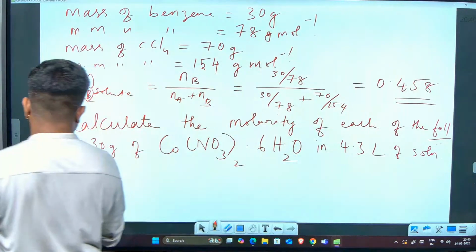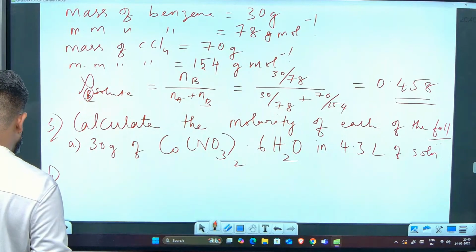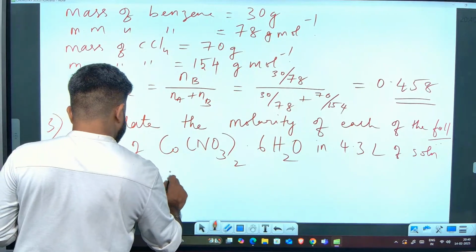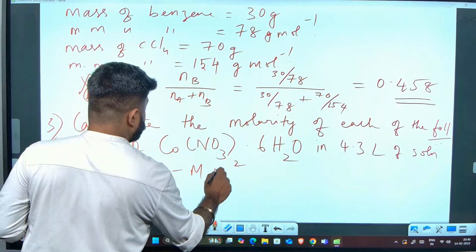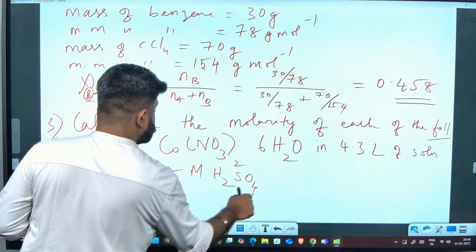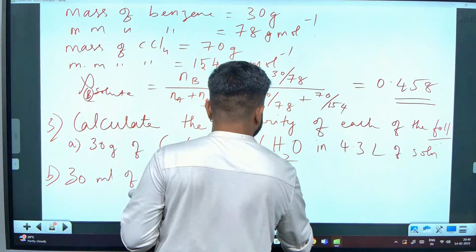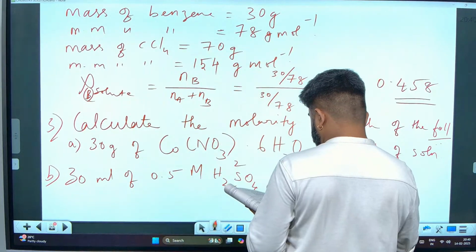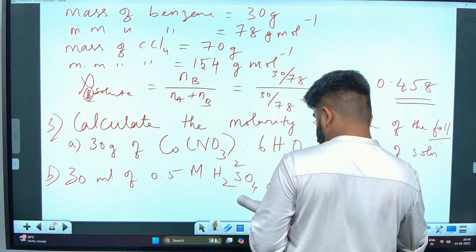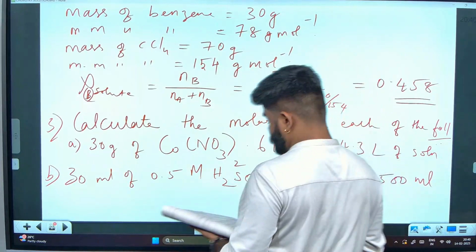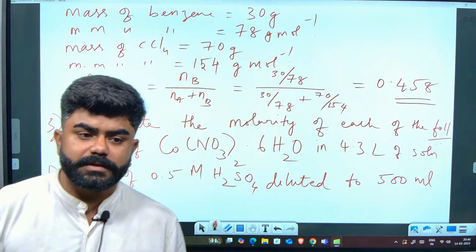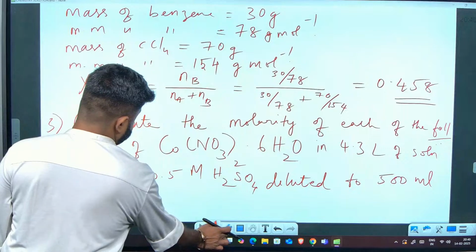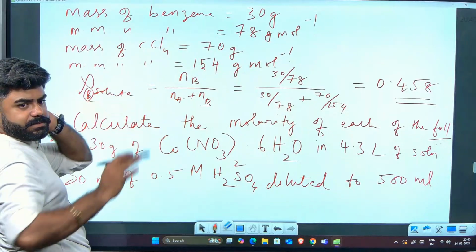This is one subdivision question. Next subdivision, 30 ml of 0.5 molar sulfuric acid diluted to 500 ml. First, copy down the questions. Shall I rub the previous? Yes, sir, you can.